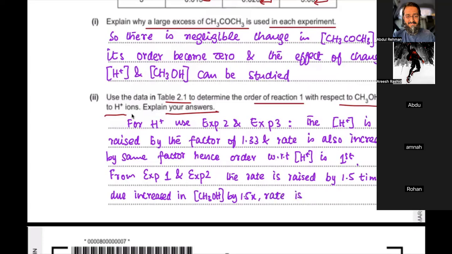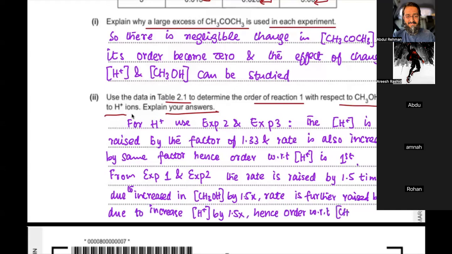Rate is further raised by 1.5 times due to increase in concentration of hydrogen ion by 1.5 times. Hence, order with respect to methanol is first.